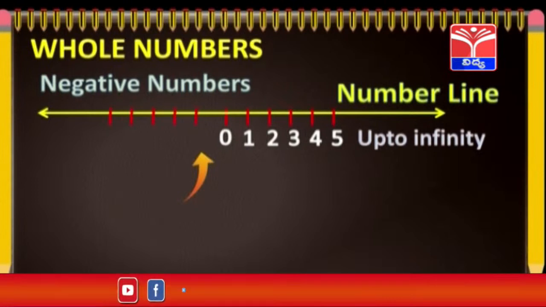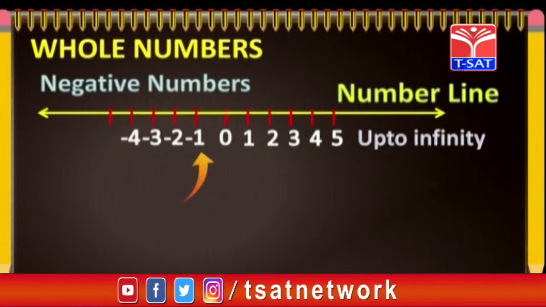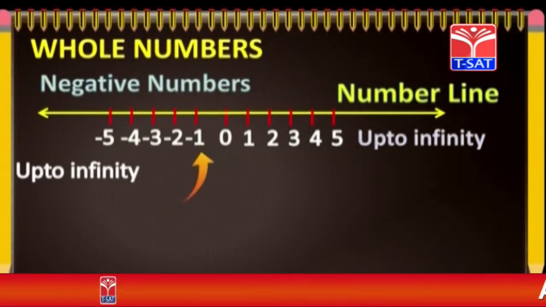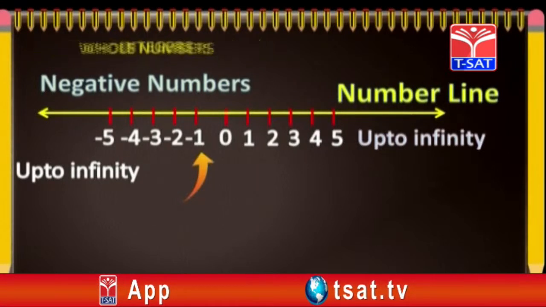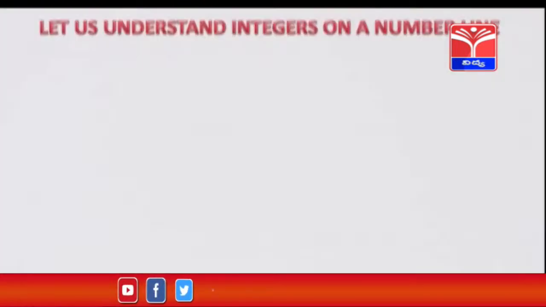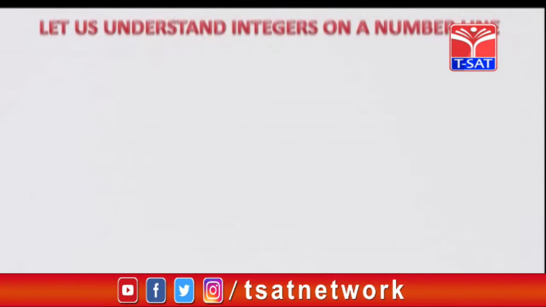Thus, minus 1, minus 2, minus 3, minus 4, minus 5 up to infinity. These numbers lie on the left side of 0, and this whole representation is now the number line of integers.